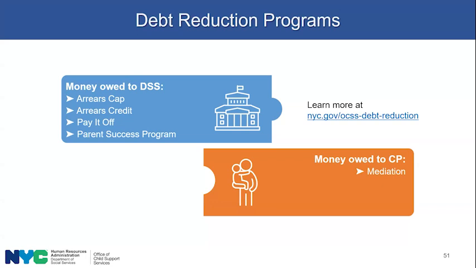When we send you this deck this week, these links will be clickable. So you can scroll through the deck, find this if you want to learn more, and click on OCSS debt reduction. Money owed to the custodial parent, we don't have so many tools. All we can do is offer mediation, and we'll talk about that. Next slide.